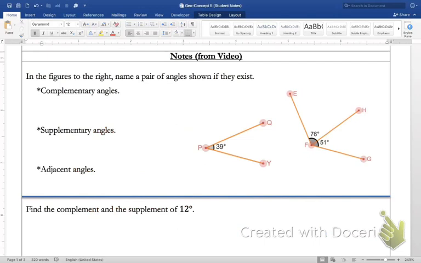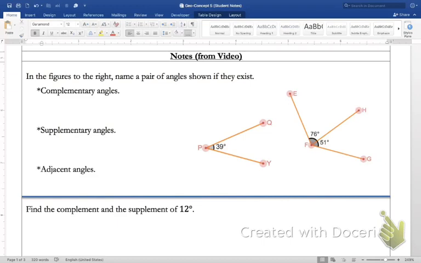So in our first example that I want to look at with you, in the figures to the right, we're going to name a pair of angles that are complementary, supplementary, and adjacent if they exist. So let's go ahead and do that. Complementary angles are angles that have to add up to 90. So do you see two angles or more than two angles in the pictures that add up to 90?